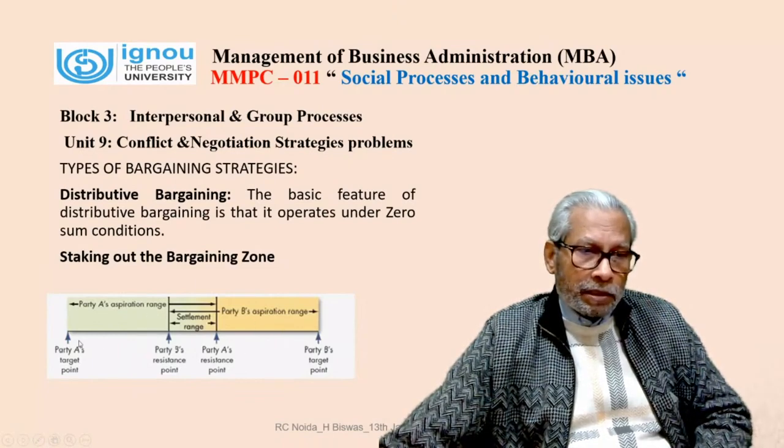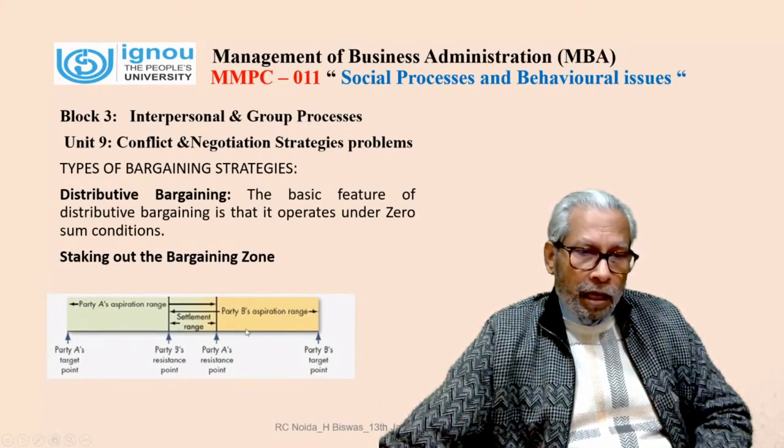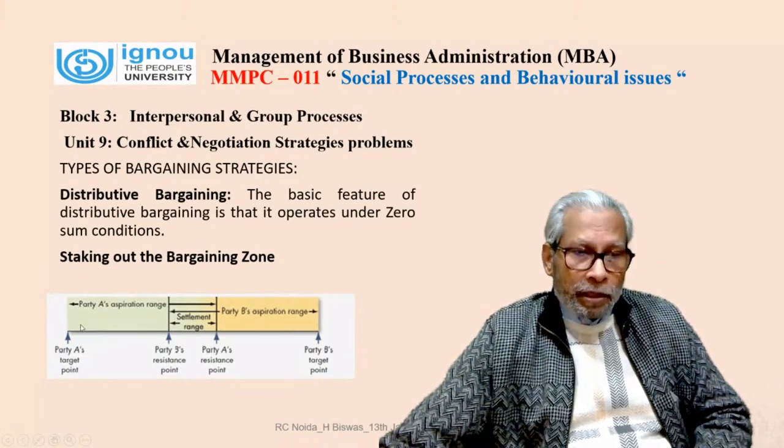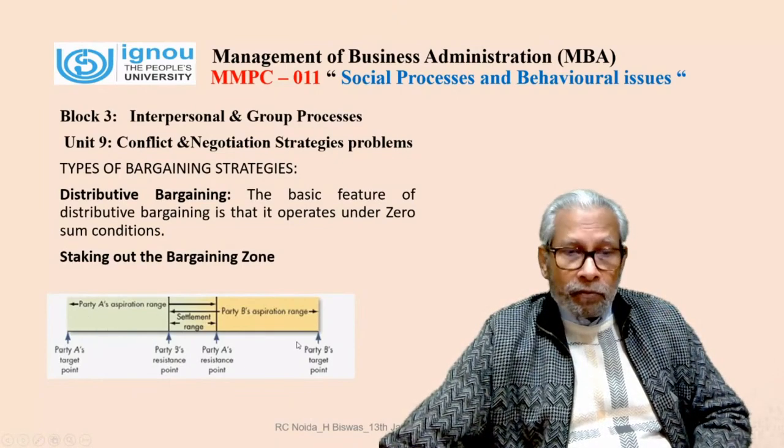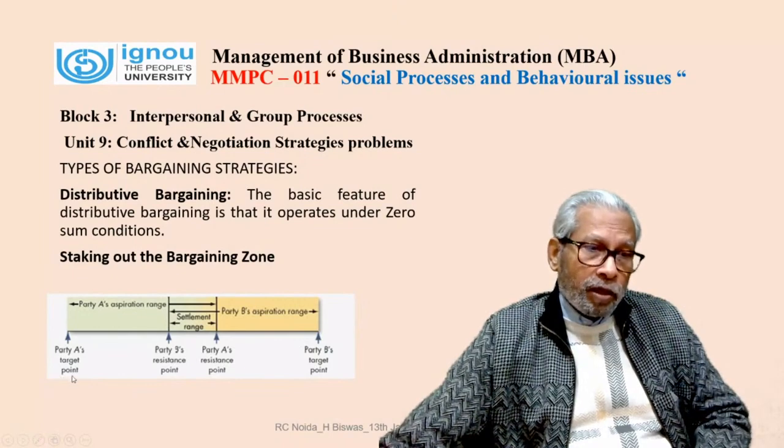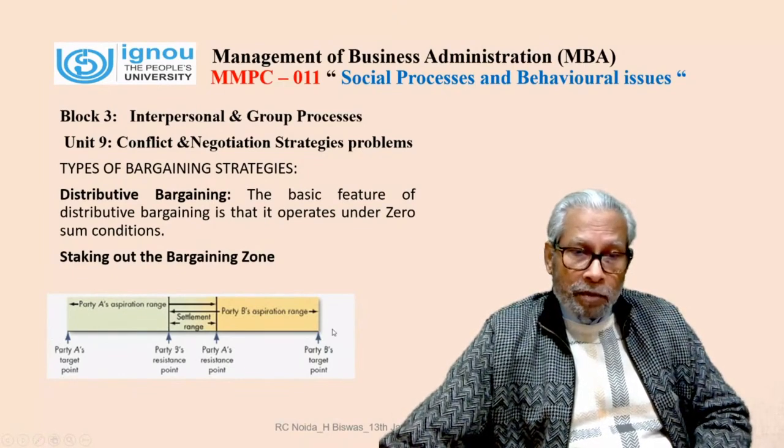Finally, both parties slowly come closer, because earlier party A was here and party B was here. Now slowly they are each coming one step, then again one step. By negotiation and discussion only, they are coming closer. Earlier their positions were like this, for example in terms of the volume of his demands.